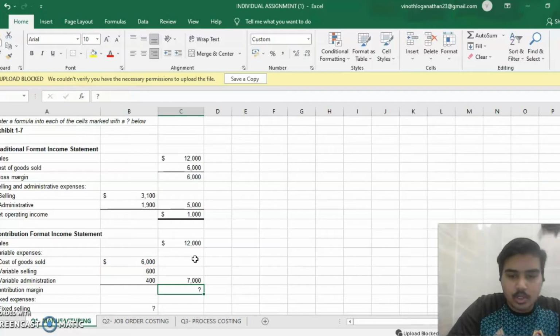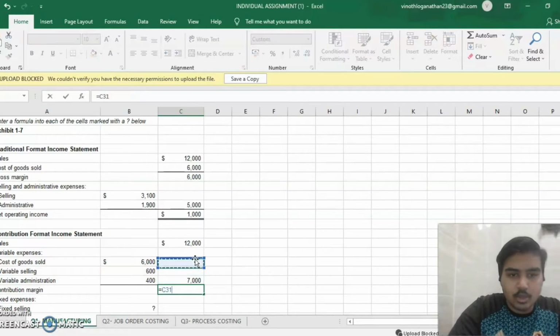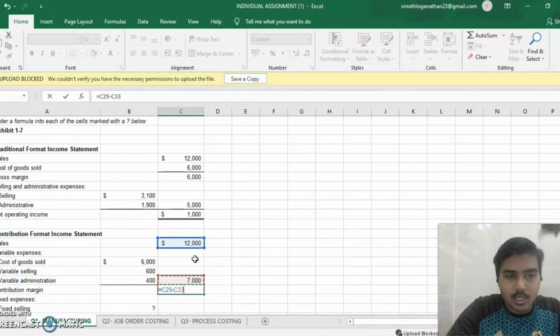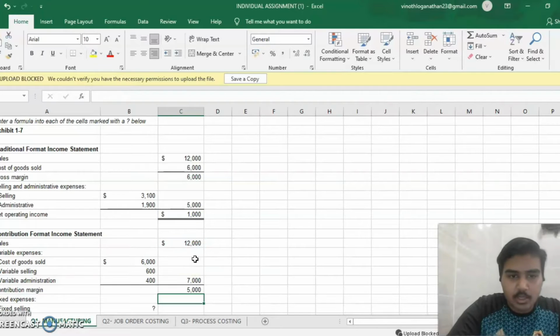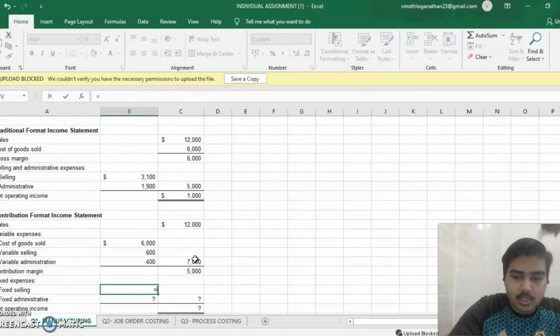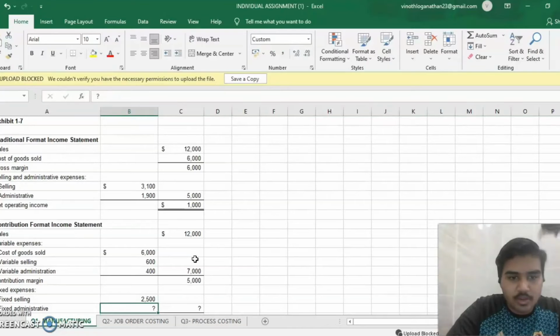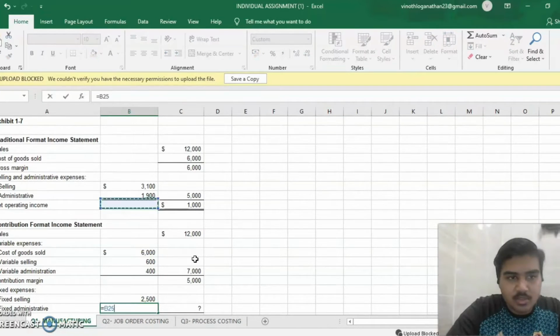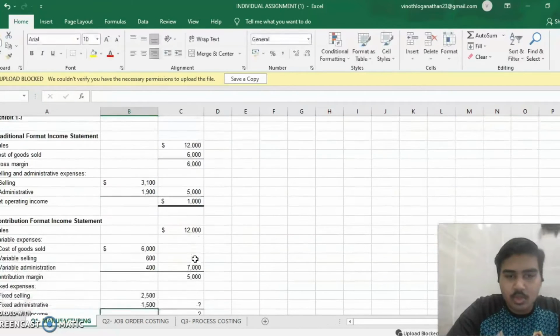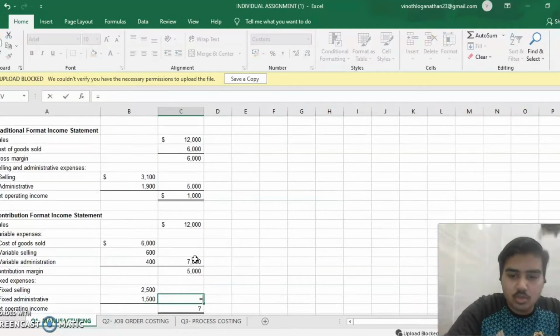Okay, so this should be 12,000 minus the sales minus the variable expense. So you get 5,000, and then we go for the fixed selling cost, which is 2,500, and then we have the fixed administrative cost, which is 1,500, and then you add those two, you'll get 4,000.